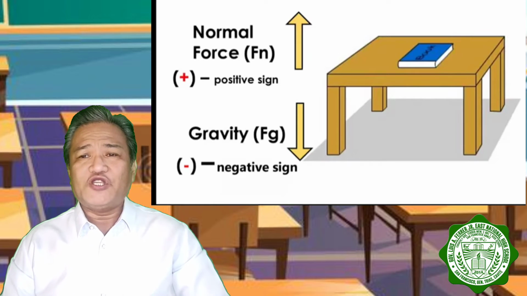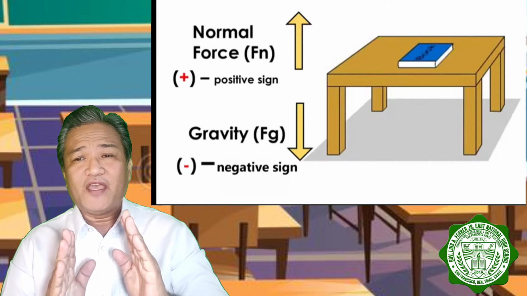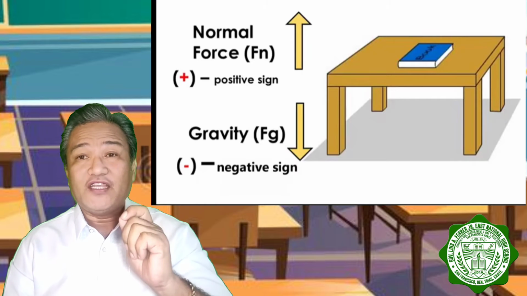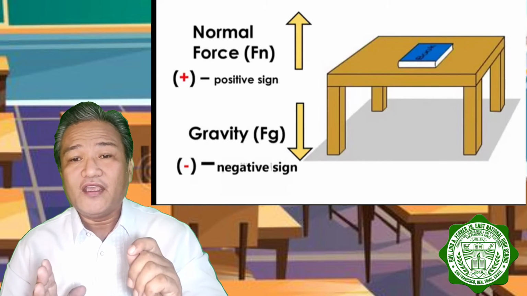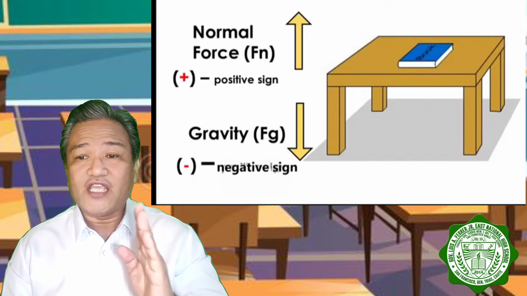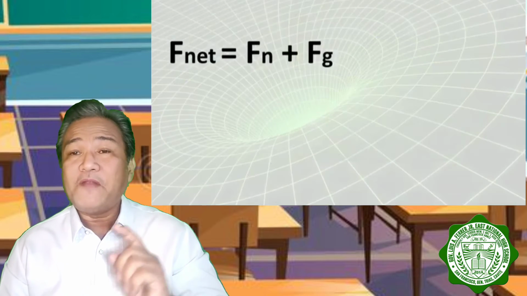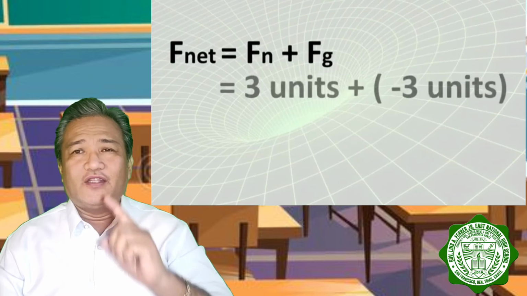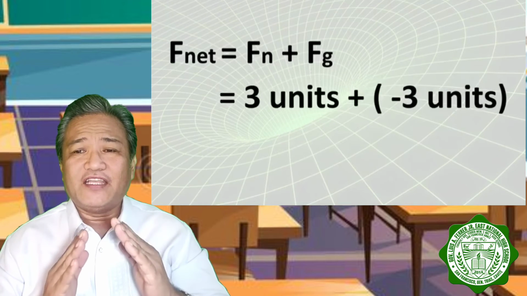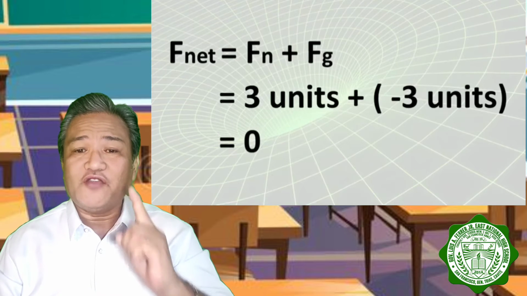If both gravitational force and normal force are given a magnitude value of 3 units, then the net force along this line will be: net force is equal to normal force plus gravitational force. 3 units plus negative 3 units is equal to 0.